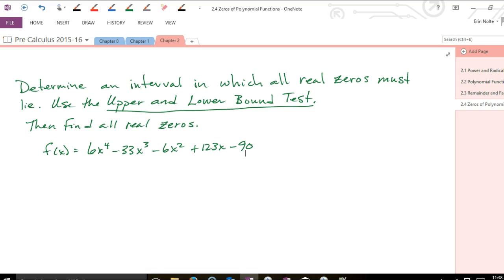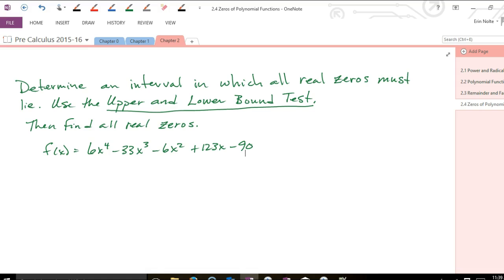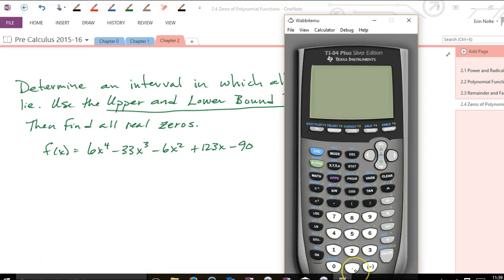Okay, so this is going to be the upper and lower bound test. This is kind of saying where are all of these zeros? What interval do these lie in between? So we're going to start by again using the calculator and narrowing it down. We're going to start by graphing this in the calculator, which I will do at a very slow pace.